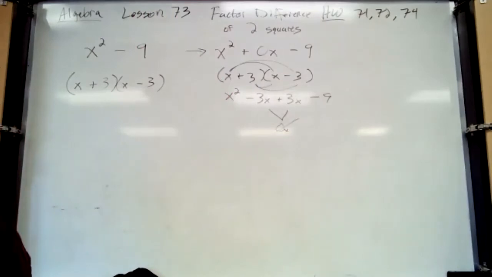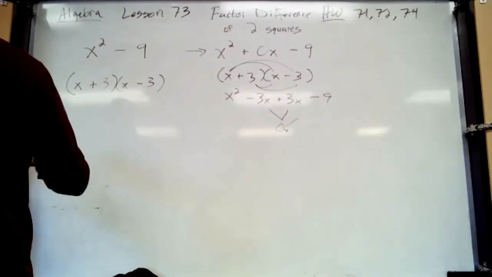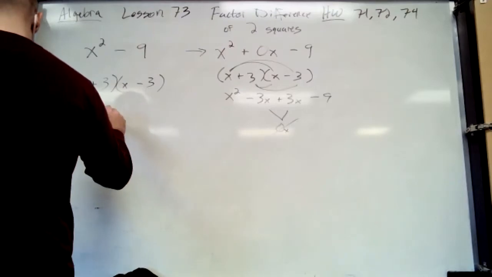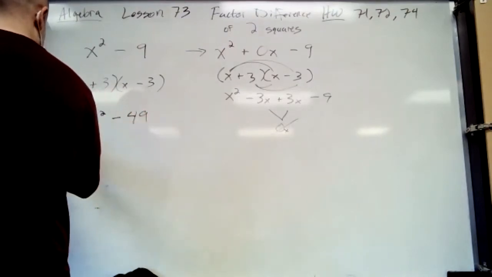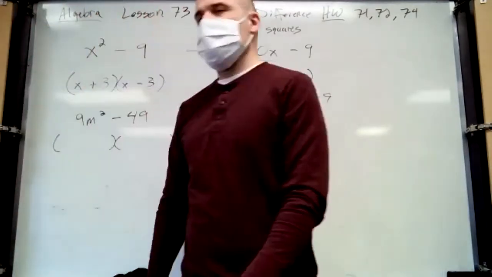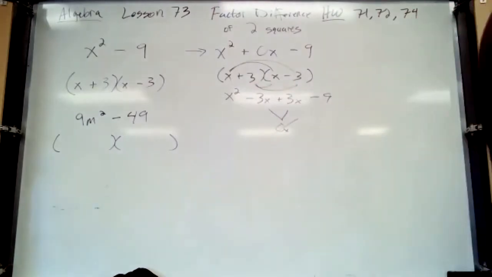Here's my first example. Well, example 0, I guess. 9m squared minus 49. Well, start with your parentheses. Now, what did I say? What was the shortcut? What do you do? Times.